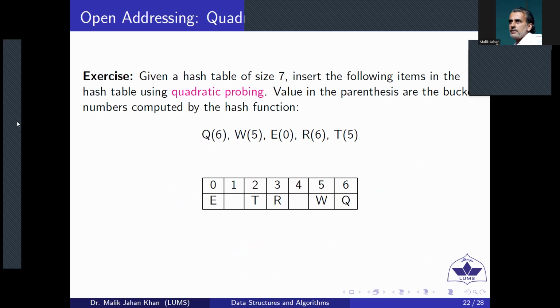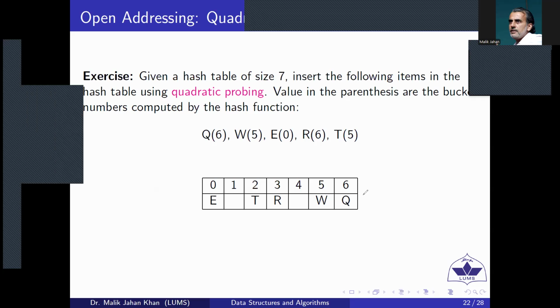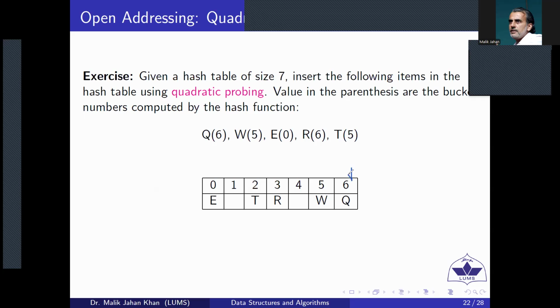So when we get R, R tries to hash to index 6, which is not available. Because we are into quadratic probing, what we do is that we try h of R plus 1 square, and we take mod 7 of the overall answer.